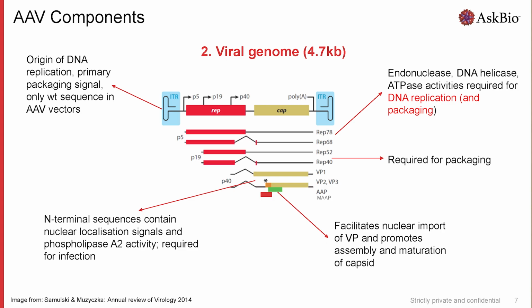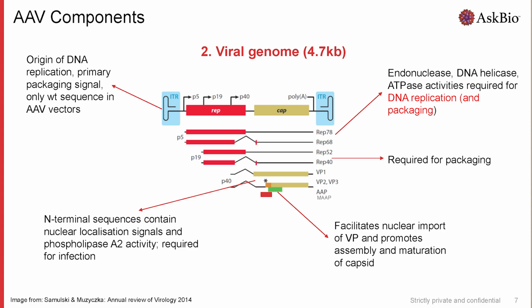Ultimately it's a fairly simple genome that utilises a unique set of promoters and splicing sites and non-consensus coding start sites to produce the 4 rep proteins that are required, and the capsid proteins for the assembly of the capsid. I'll just highlight a couple of key things here. So what flanks this genome are these ITRs, or inverted terminal repeats.